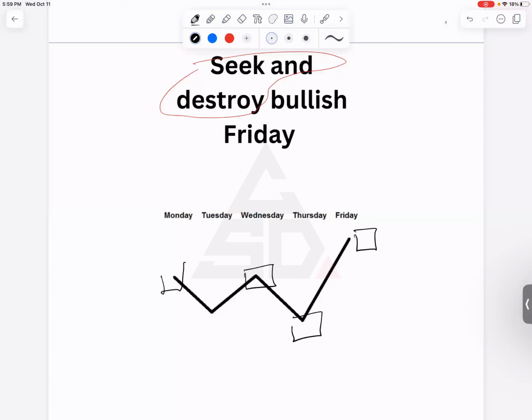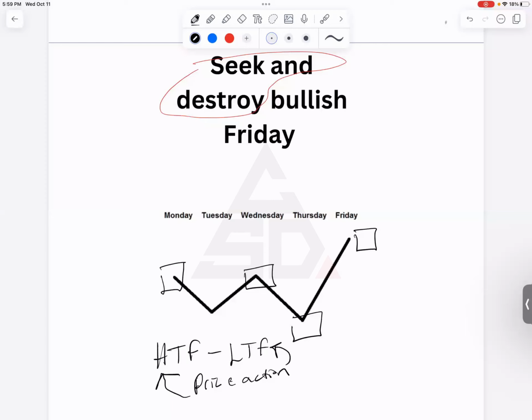You just have to understand the higher time frame and the lower time frame price action. They have to be in confluence with each other. If they're not in confluence, and this is only for trading the seek and destroy weekly profile.